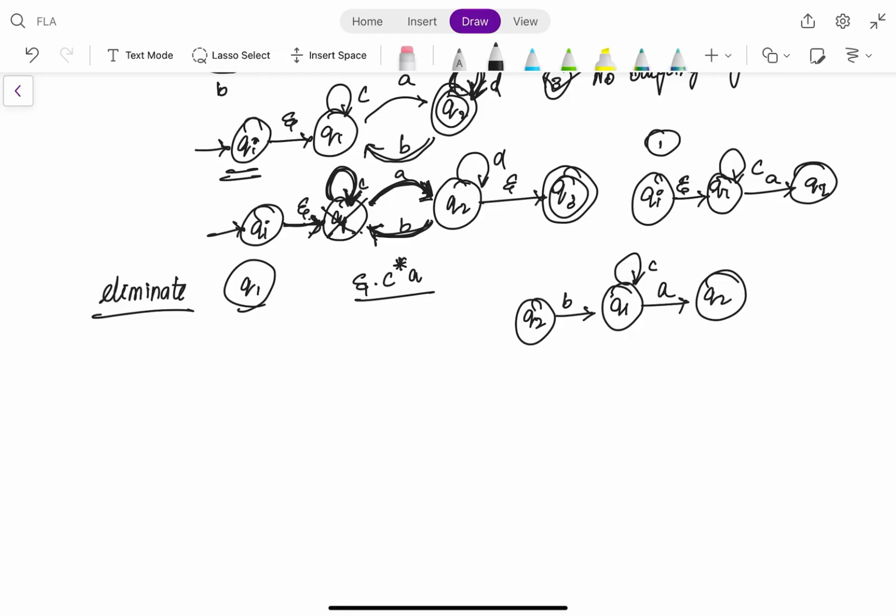This is the second path, right? So for this path we covered epsilon, C and A.